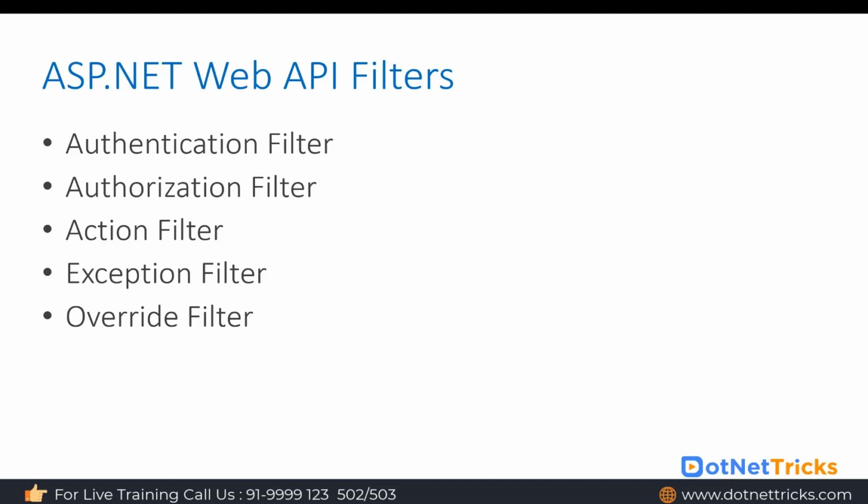There are built-in override filter attributes in ASP.NET Web API: the override authentication filter attribute, override authorization filter attribute, override action filter attribute, and override exception filter attribute. Using the override version of the filter attribute, we can override filters here.